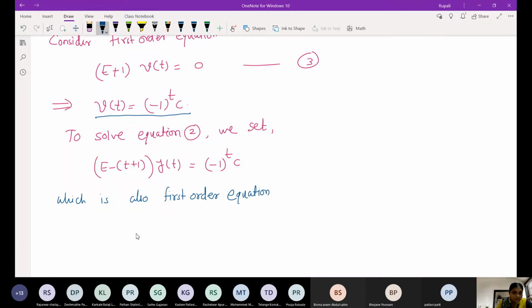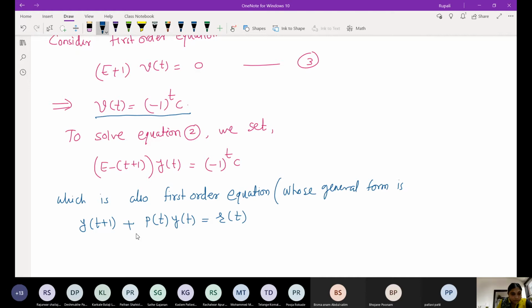You can remember that as the first order general form: y(t plus 1) minus p(t) y(t) is equal to r(t).